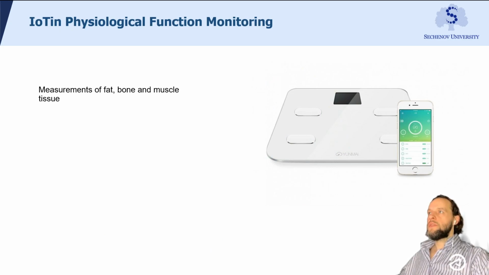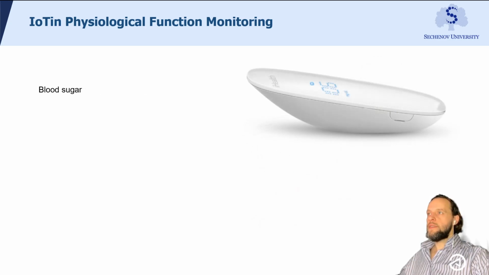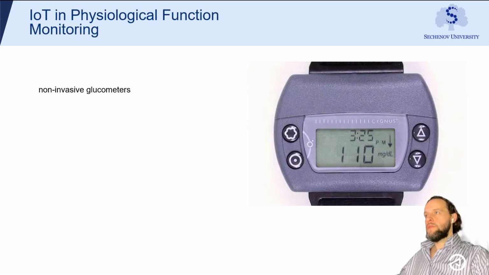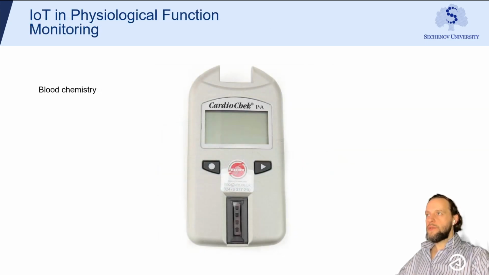Of course, there are a lot of implementations in smart scales to manage body weight. This is a body temperature measurement device. This is blood sugar measurement. Non-invasive glucometers are also very interesting for patients. Some devices combine different measurements in one device, producing complex information for the doctor.